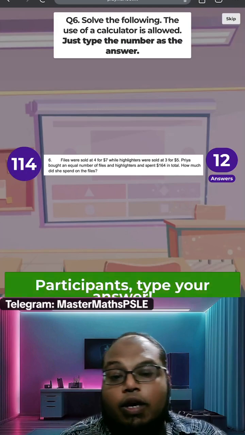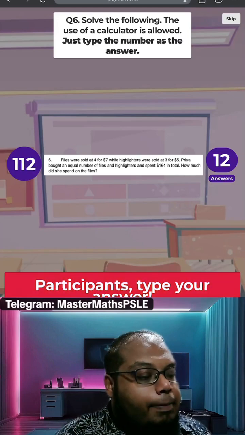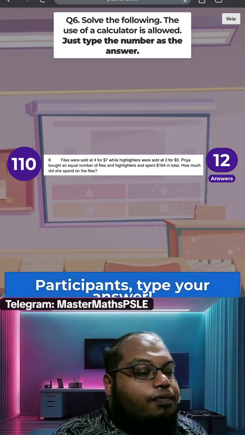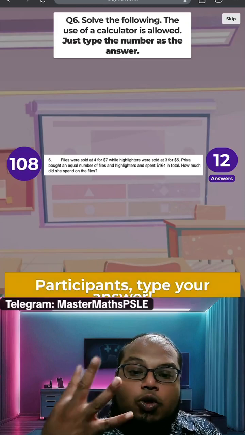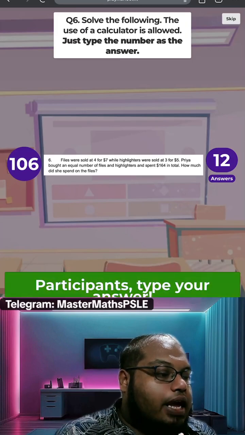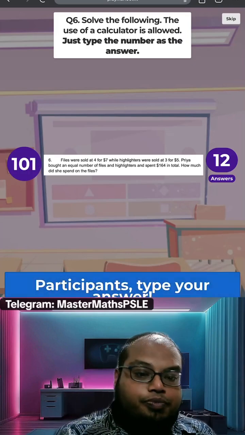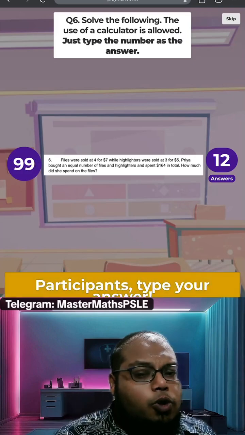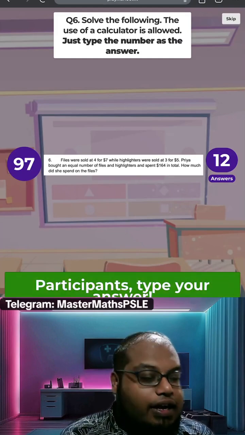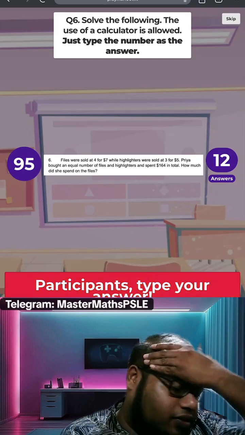That's what I mean by equal number. But the thing is, the files were sold in sets of 4 and highlighters were sold in sets of 3. So how do you make them equal?